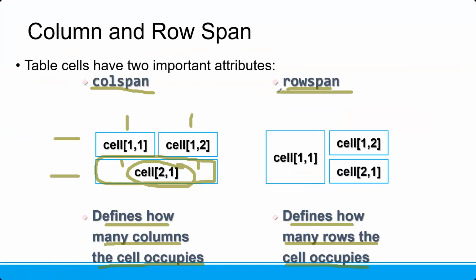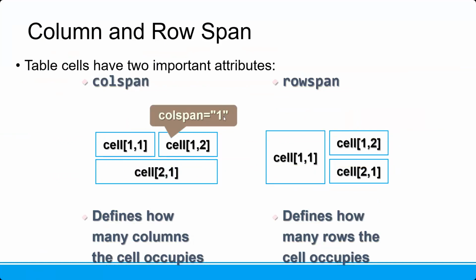For row span, I have two rows and two columns. But for the first column, I want to merge the two rows. But the second column, just split the row.